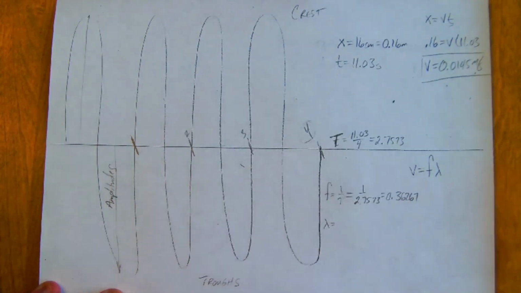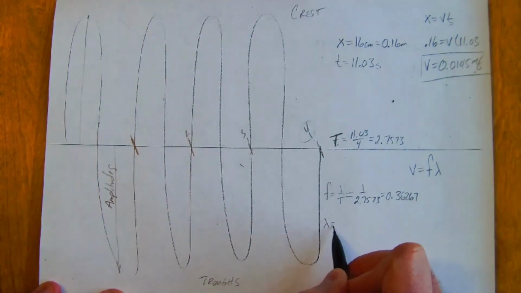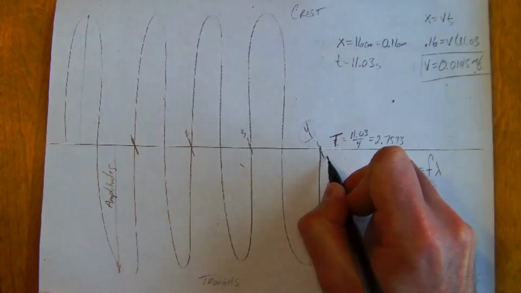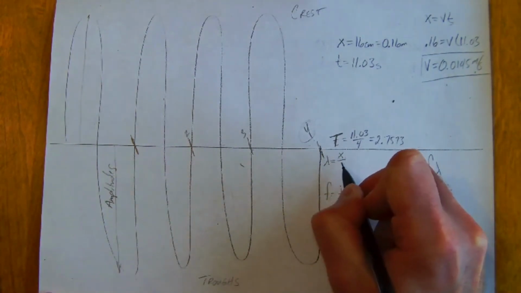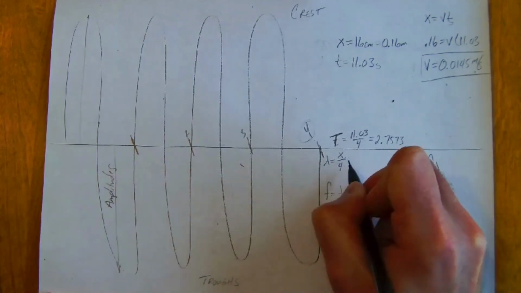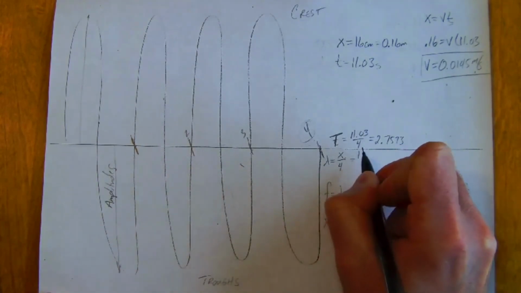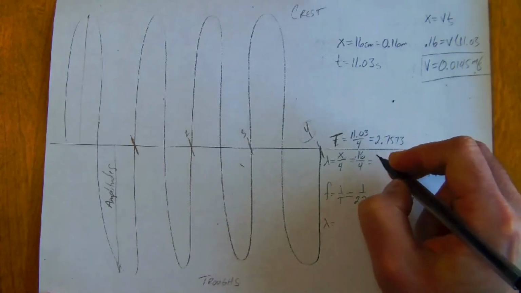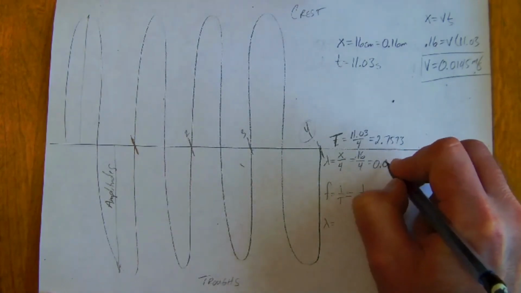which gives me a frequency of 0.36267. To find the wavelength, I'm going to do the exact same thing, only with the distance. So my wavelength is the total distance divided by the number of waves, which was 4. So 0.16 divided by 4 gives me a wavelength of 0.04.